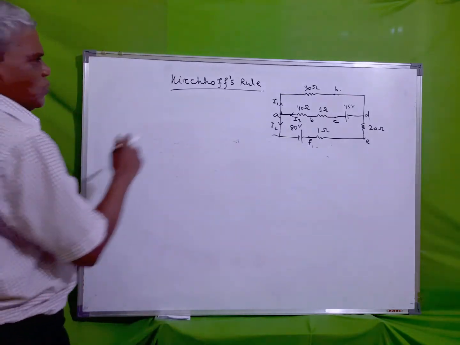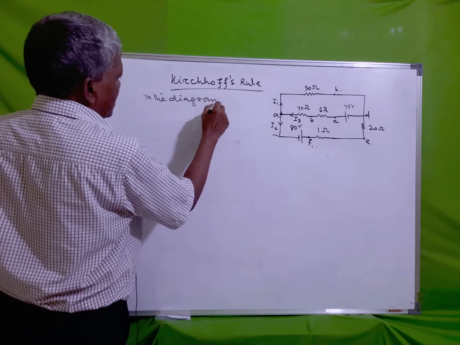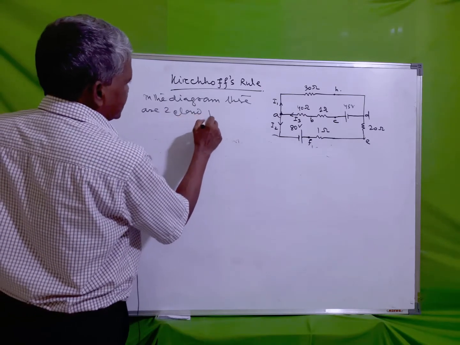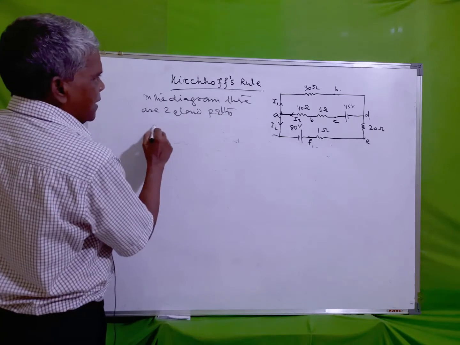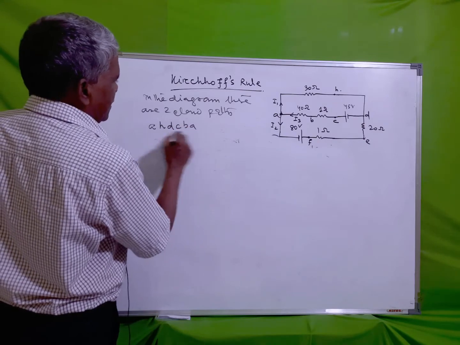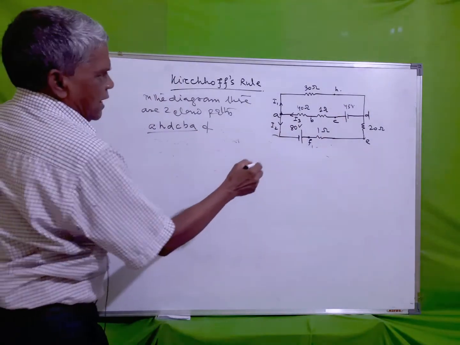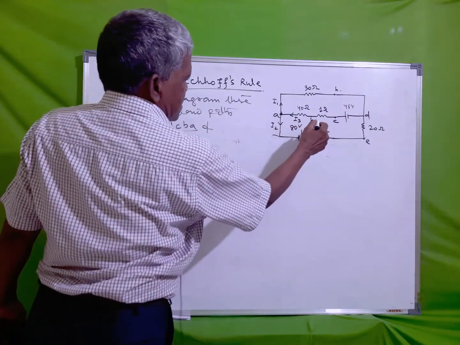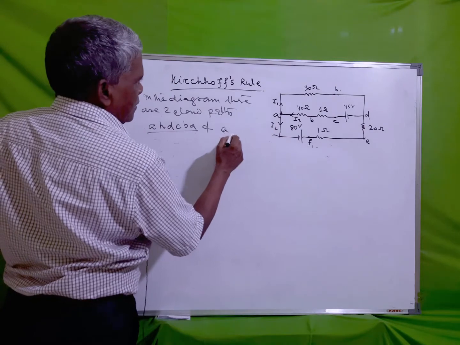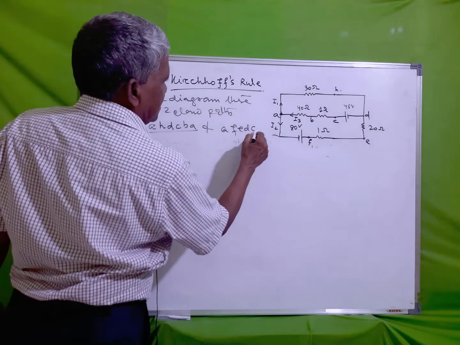In the diagram, there are two closed paths: A, H, D, C, B, A, and the other, A, B, C, D, E, F, A, or you can take it this way, A, F, E, D, C, B, A.